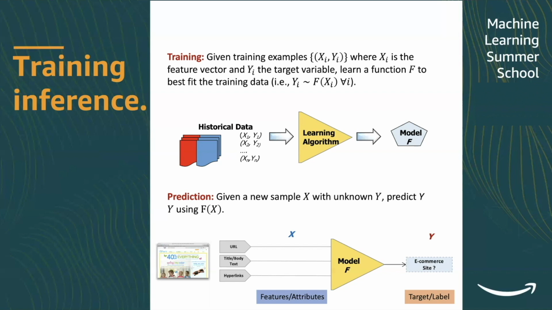Take a simple example of trying to predict what category a particular e-commerce page belongs to. Let's say we only have two categories, electronics and kitchenware. The input X would be a feature vector. It is certain features extracted from the web page. Things like, does it include vocabulary that describes electronics, or does it include vocabulary that describes kitchenware?